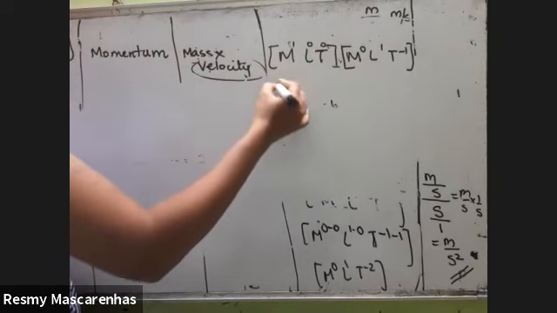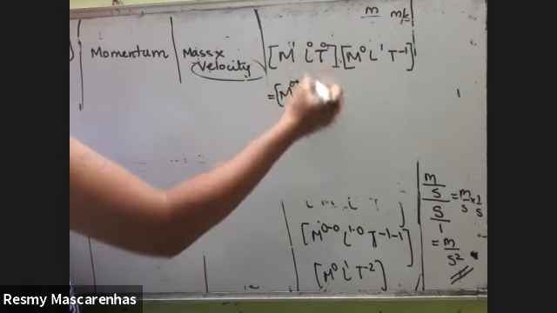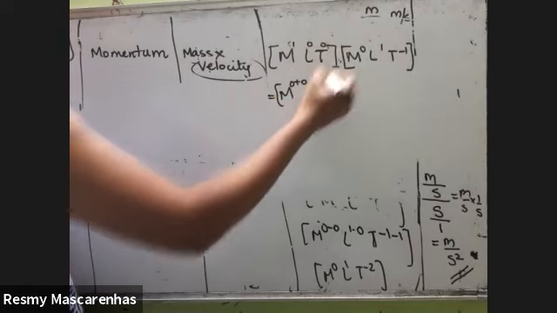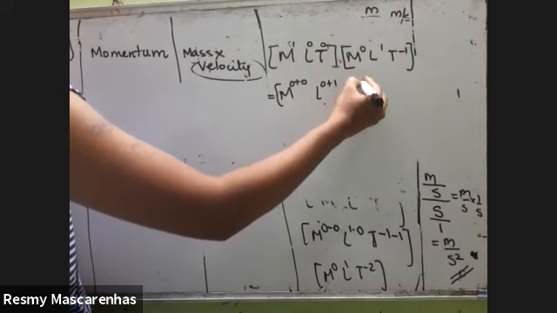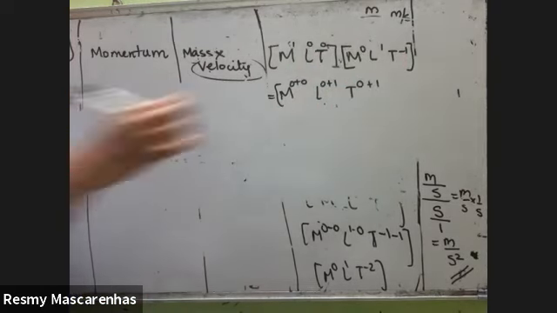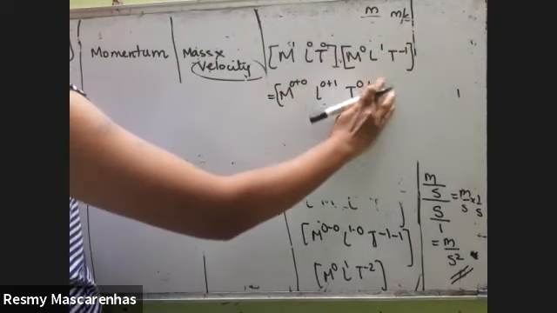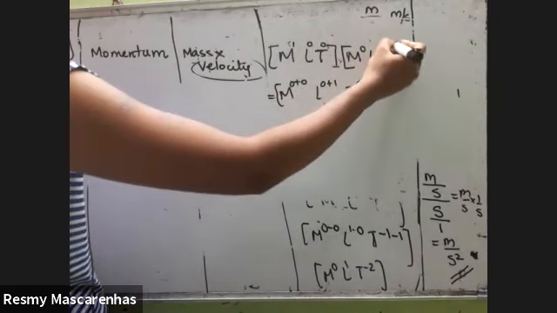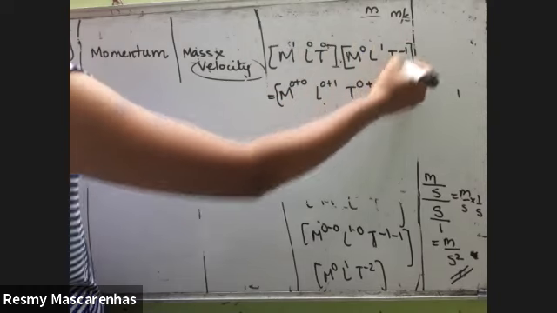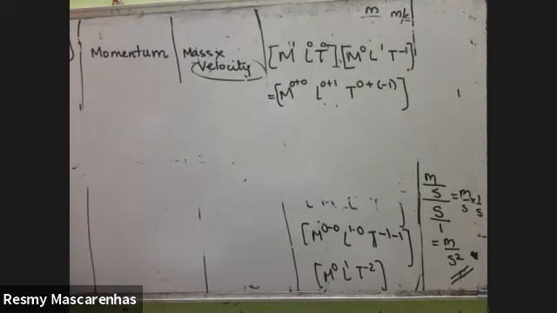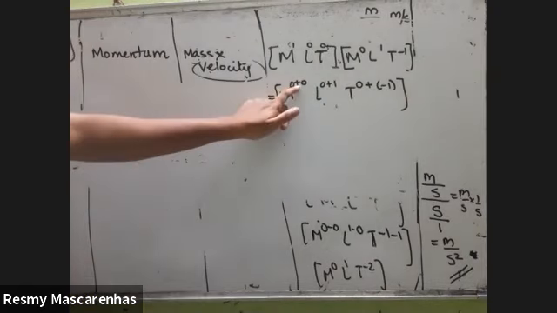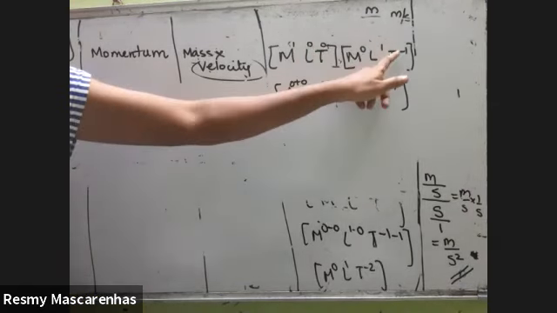So this will be M 0 plus 0, L will be 0 plus 1. Now here be careful. This is already this. Don't write like this and keep. This is already minus 1. So 0, middle sign is plus, and this one is minus 1. So it's like whatever is the power, middle sign is plus. So 0 plus of minus.